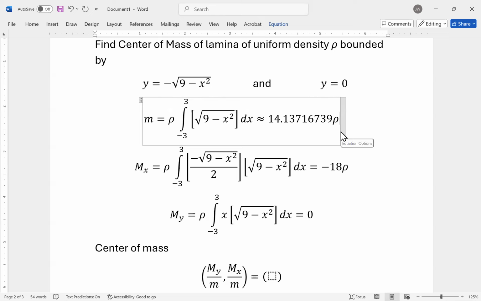Now, for my class, usually this is good enough because we're going to give rounded answers. If you did want to get an exact value, you'd have to utilize some tricks in terms of substitutions, some trig substitutions, and that would be fine if you wanted to.